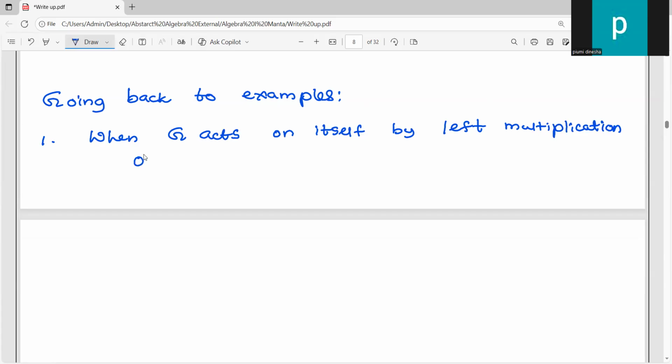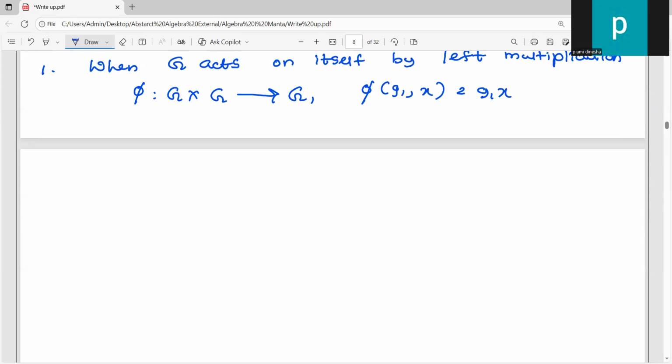So for your reference, this would simply be a map from G cross G to G, defined by phi of g1, x, or maybe simply, it doesn't matter, given by g1 times x.